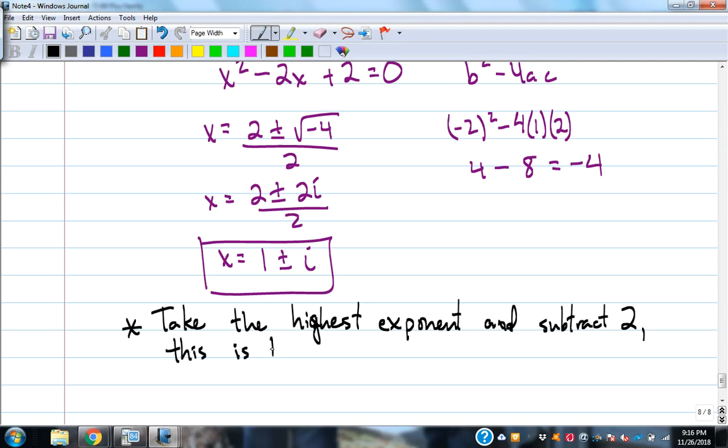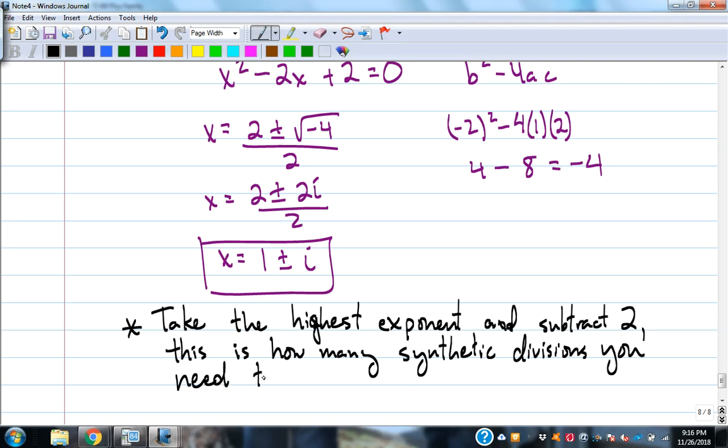This is how many synthetic divisions you need to do. Okay. Highest exponent minus 2. That gives you how many times you need to do synthetic division.